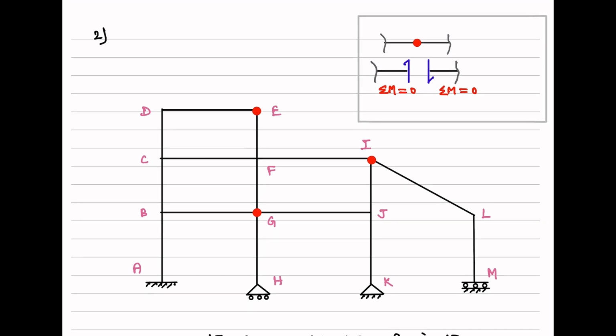Here we're going to do the same, but something extra is seen here, which is the presence of internal hinges here, here, and here. If we remember what we did in the case of a beam, if we have a beam without any internal hinge, this being just a cut section from a whole beam, and we want to establish equilibrium at a particular point, we can say sigma Mz equal to 0 at that location, but we can use this equation only once.